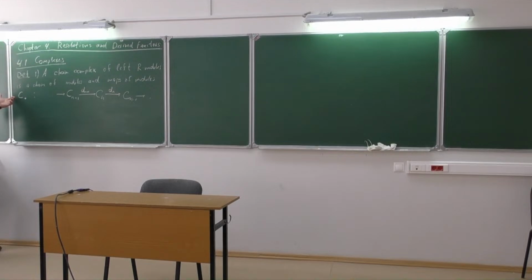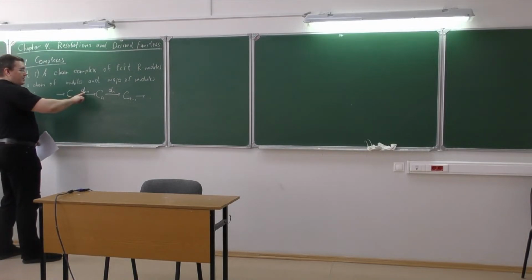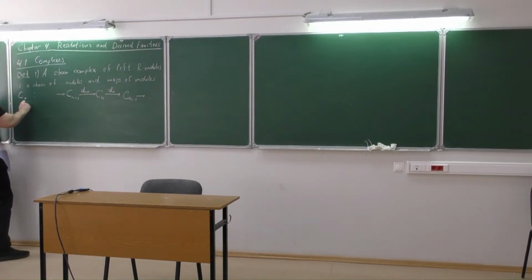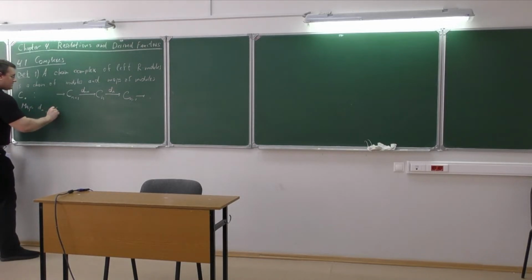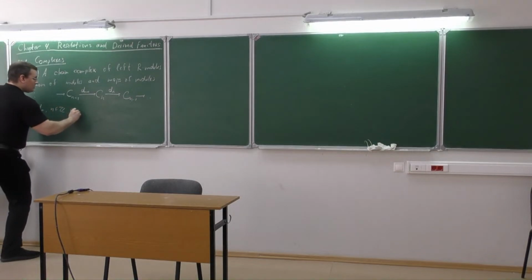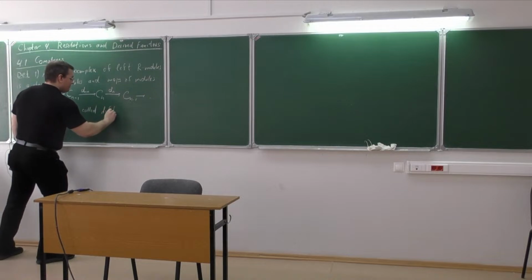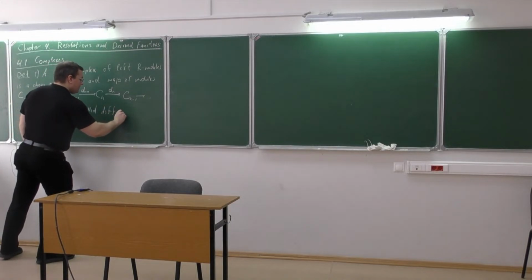And what's important for a complex is one requirement: if you consider a composition of any two such maps, so let me say that the maps D n, where n is any integer, are called differentials of the complex.